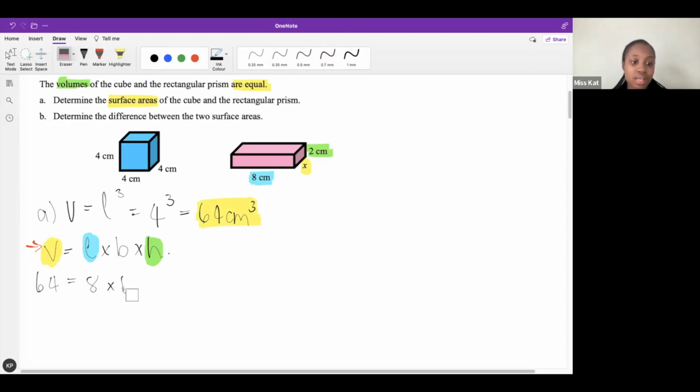Okay, the breadth is x actually. So times x times the height, which is 2. How do we know that my volume is 64 centimeters cubed, guys? Thank you. They have told us that the volumes are the same. Okay. Only sentence they gave us. The volumes of these two shapes are equal.